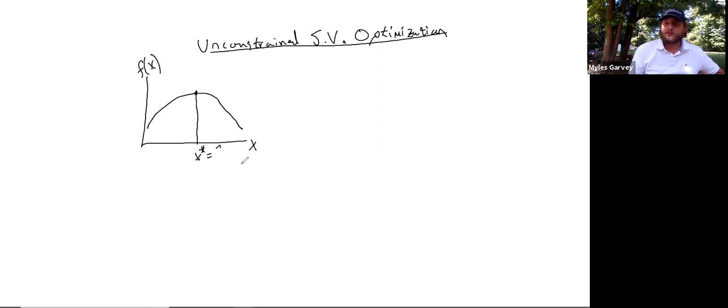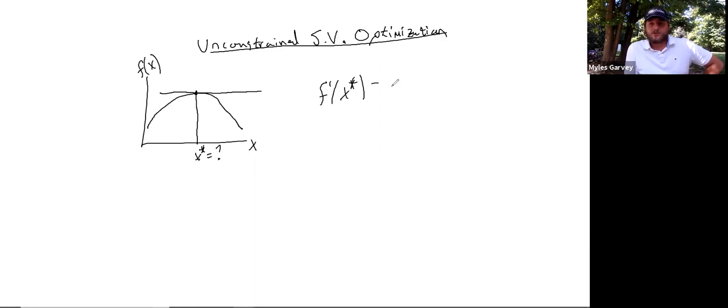What is that value? As it turns out, if you notice, the slope of the curve at that point is equal to 0. Furthermore, you'll notice that, at least in the case of a maximum, the change in the slope is moving from positive to negative.